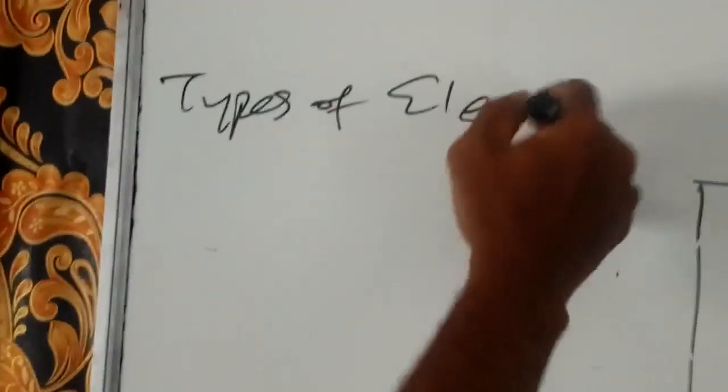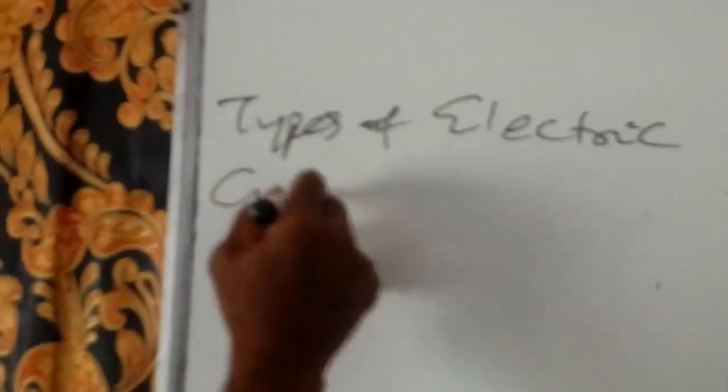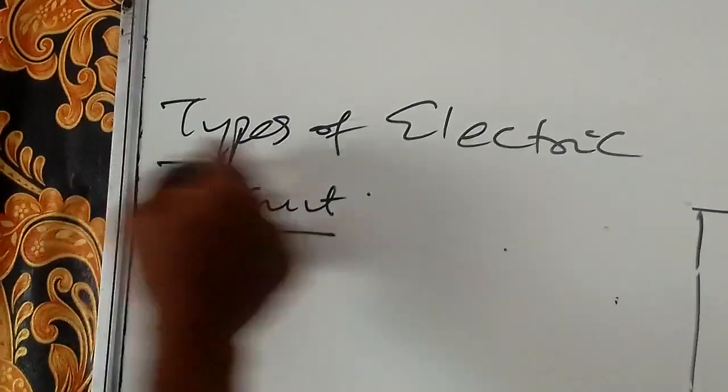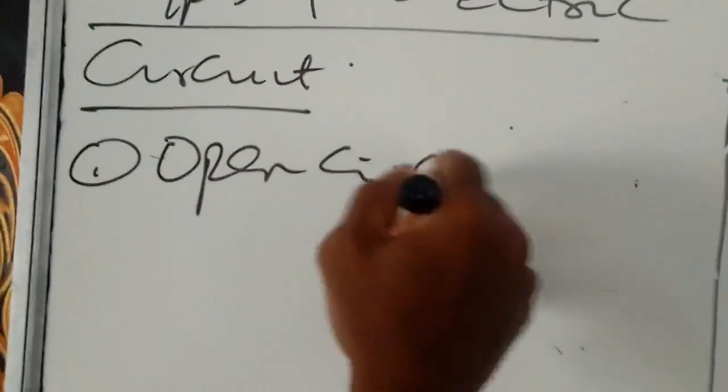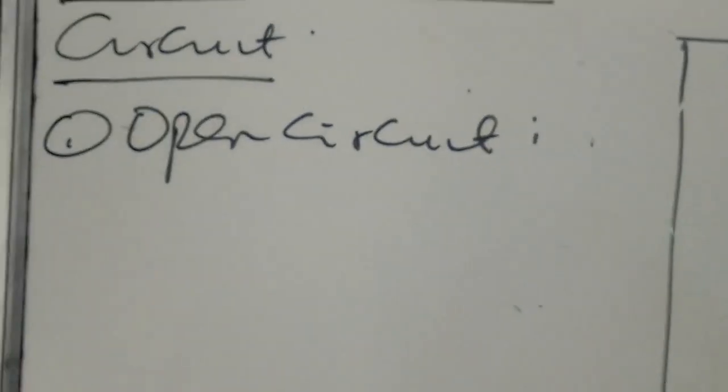We now go to types of electric circuit. The types of electric circuit include, number 1, the open circuit. So what is an open circuit?